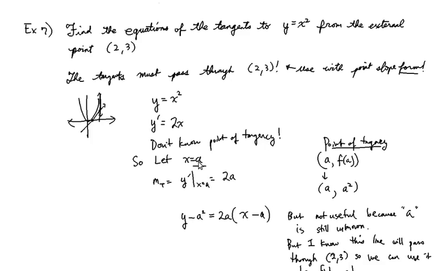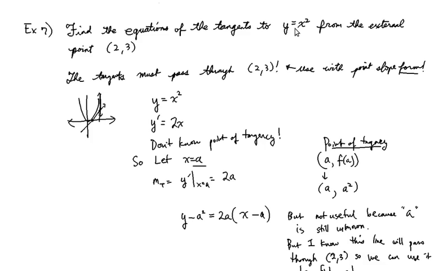Alright? And if this is true, then the slope of the tangent is going to be y prime evaluated at the point x equals a, which, since it was 2x, if I just put an a in here, it's going to be 2a. Okay? So let's just leave it like that for now. What is the point of tangency? Well, since I let x equal a, the y value that corresponds to that should be f of a, right?